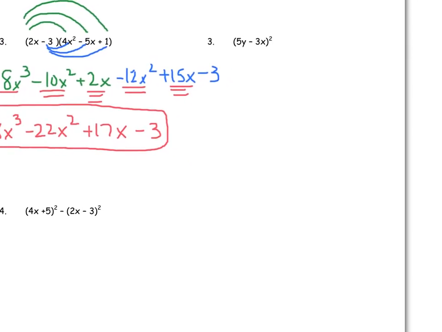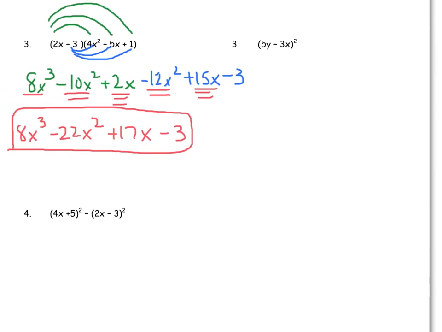Alright, now in the third one, we're going to take a binomial expression and we're going to square it. As long as you remember to rewrite that binomial expression as a binomial times itself, you'll probably be doing it right.